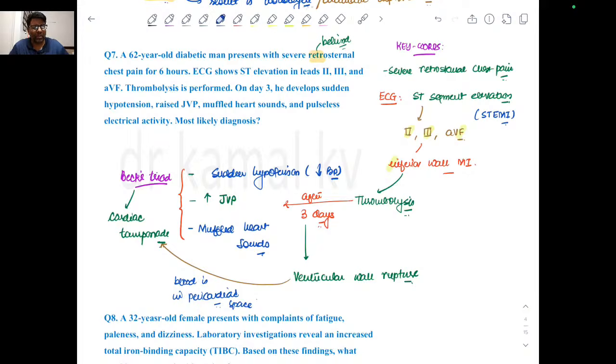So that's how you will associate all the terms. There is ventricular wall rupture and this has secondarily resulted in cardiac tamponade. And this is very important, time, because ventricular wall rupture usually happens around 3 to 7 days of MI. So after 3 to 7 days of MI, there is a high possibility of ventricular wall rupture and the patient can all of a sudden go into cardiac tamponade.